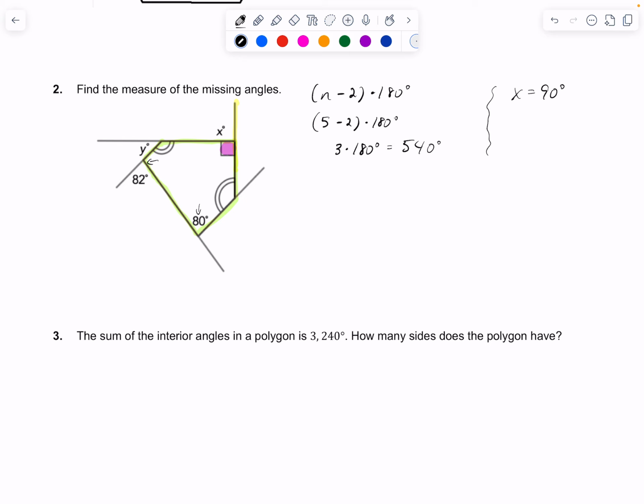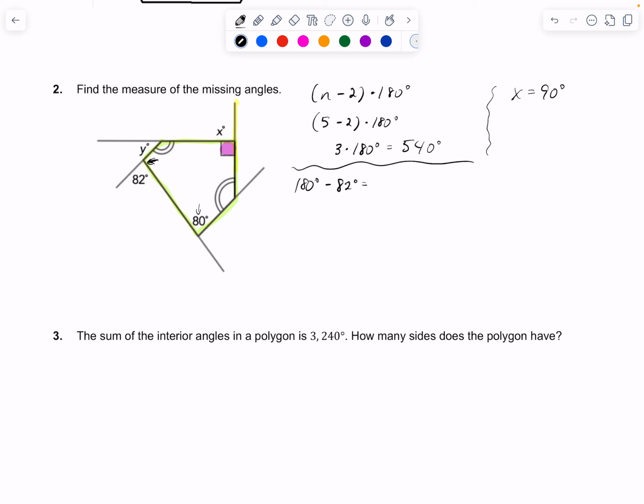All right. Now, the other stuff I know is that this is 80. I can find this one. And then if those two are the same, I can use my understanding of 540 degrees to figure out what those missing values are, which will lead me to Y. Okay, so let me do actually this first. Let me do 180 minus 82 degrees, which will give me that missing one here.